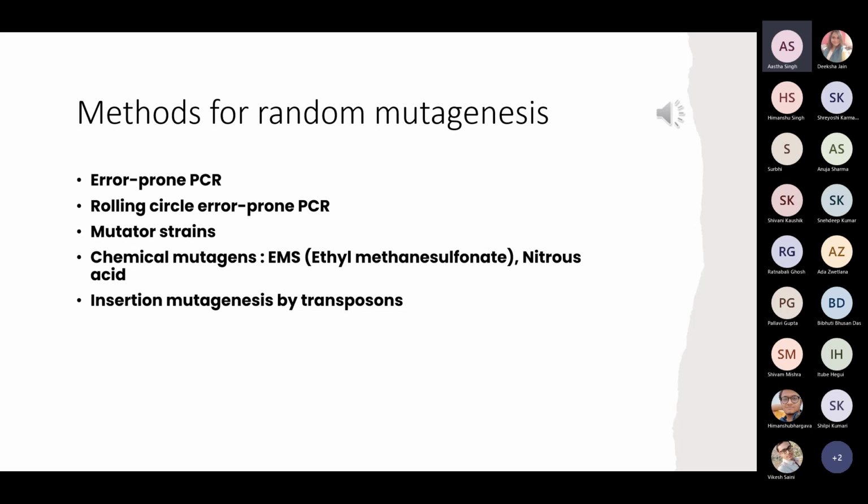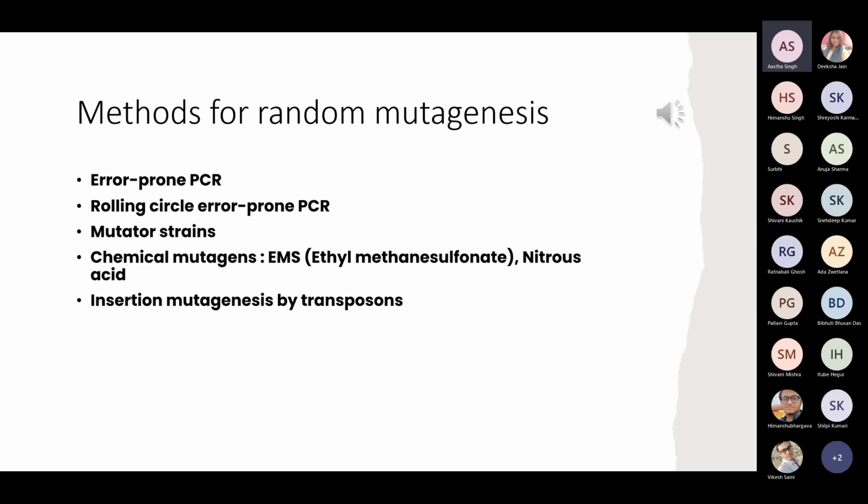Next, and the simplest form of random mutagenesis, is the use of chemical mutagens. However, these chemicals are extremely dangerous and it is of utmost importance to handle them with care since most of them are also carcinogenic. Examples include EMS, which is an alkylating agent, and nitrous acid, which is a deaminating agent.